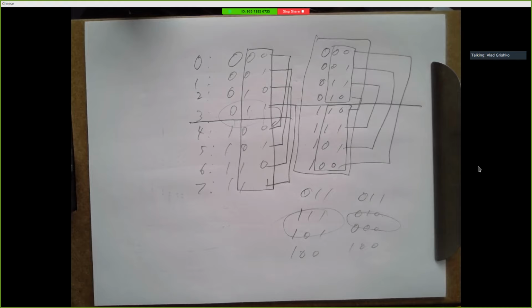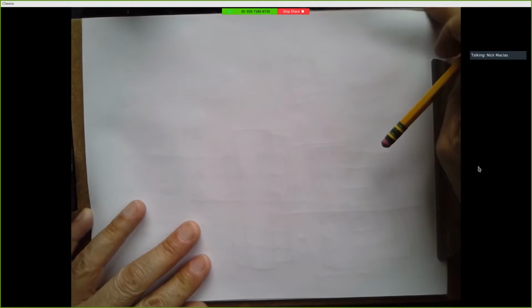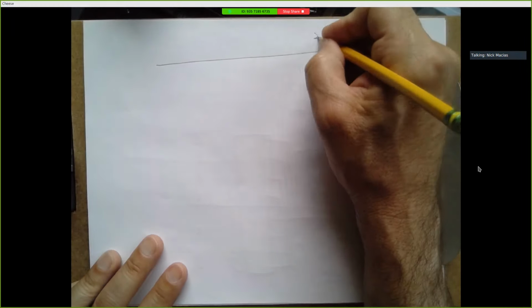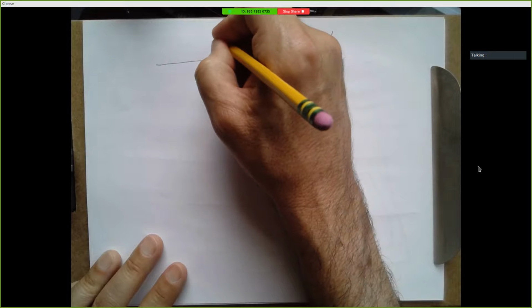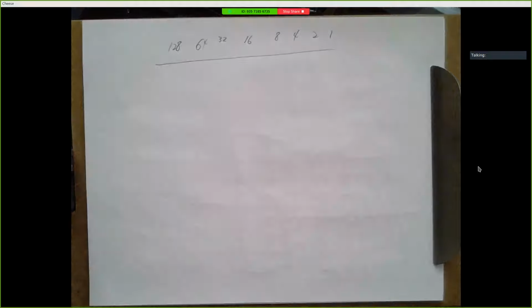Can we go over binary arithmetic? Sure thing. So when we write positive integers in binary we're using weighted positional notation. So we think of powers of 2, where 1 is actually 2 raised to the 0 power.